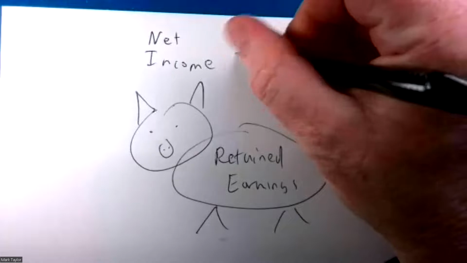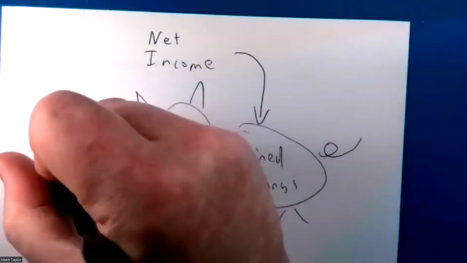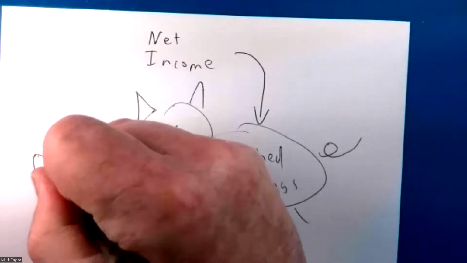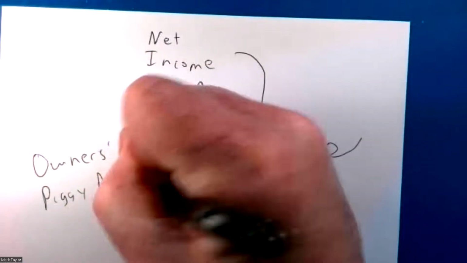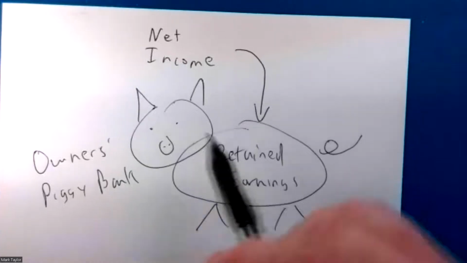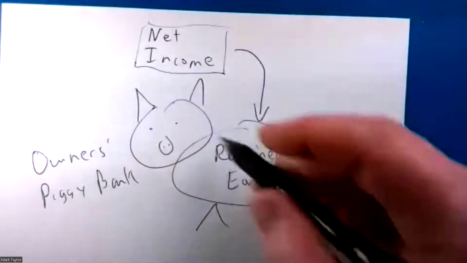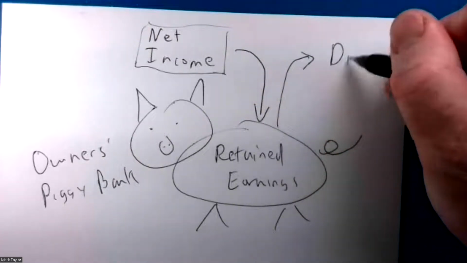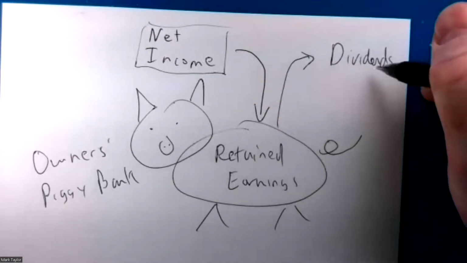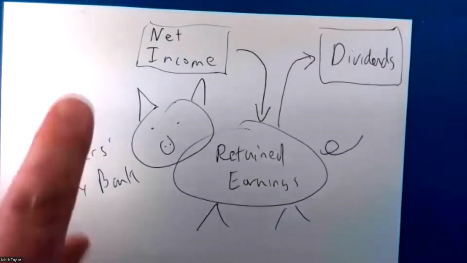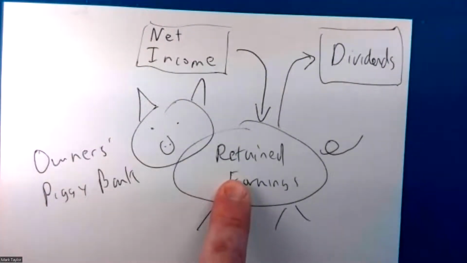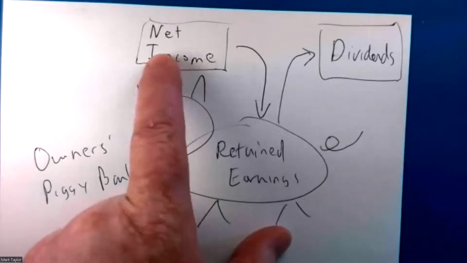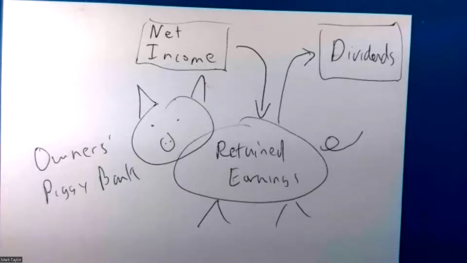This is sort of like the owner's piggy bank. So the net income goes into their piggy bank. When they take money out, they take it out with dividends. So what goes into the piggy bank is net income. What comes out are the dividends. All your income, your revenues, expenses, all that kind of stuff goes into your net income, and it does go into the retained earnings. So it is part of it.